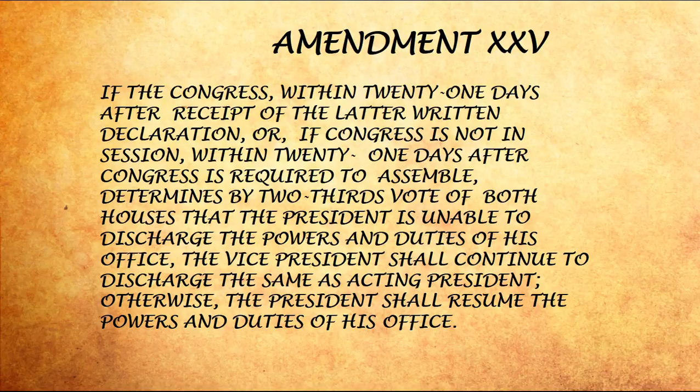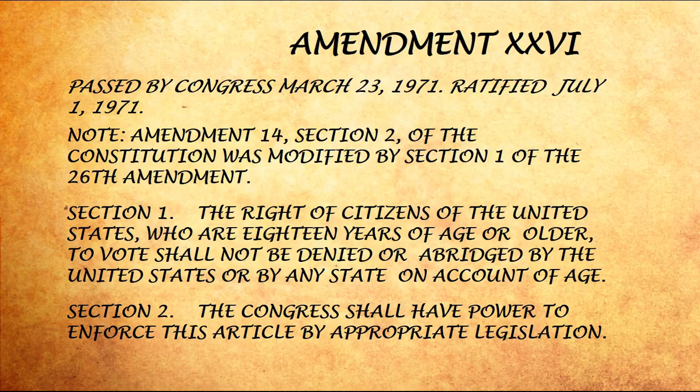If the Congress, within 21 days after receipt of the latter written declaration, or, if Congress is not in session, within 21 days after Congress is required to assemble, determines by two-thirds vote of both houses that the President is unable to discharge the powers and duties of his office, the Vice President shall continue to discharge the same as Acting President. Otherwise, the President shall resume the powers and duties of his office.